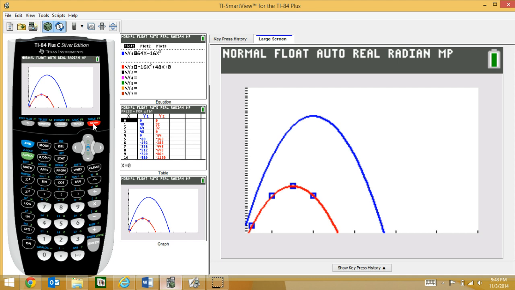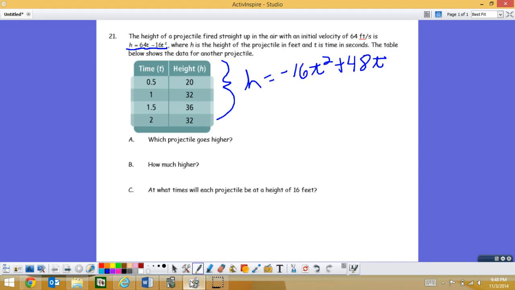So now we can calculate the maximum height to answer part B, because part A we already know the answer to. That's the projectile in the equation is higher, or goes higher.